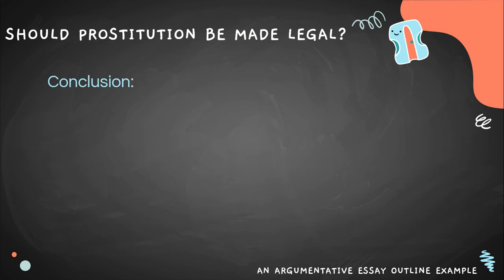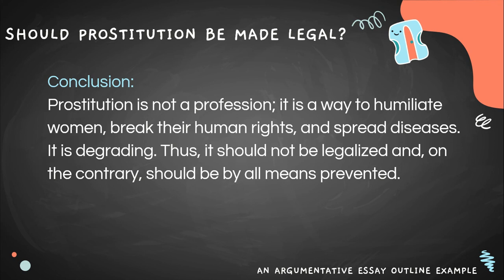The last part is the conclusion. In this conclusion, the author summarizes the points or arguments that he has mentioned in the body paragraphs. The first one is to humiliate women, which is mentioned in argument number 2. Break their human rights, which is mentioned in argument number 3.